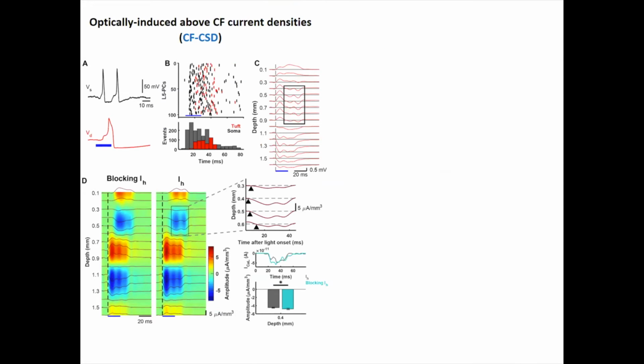Lastly, we have been able to reproduce data recorded from the Larkin group in rat, showing that this neuron produces a typical current density map that can confuse researchers, who assume that it is the work of a layer 2 pyramidal cell, while this is in fact reflecting calcium activity generated in this neuron that produces this polarity reversion later.